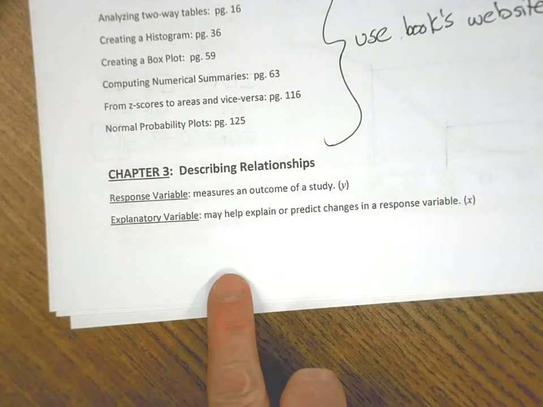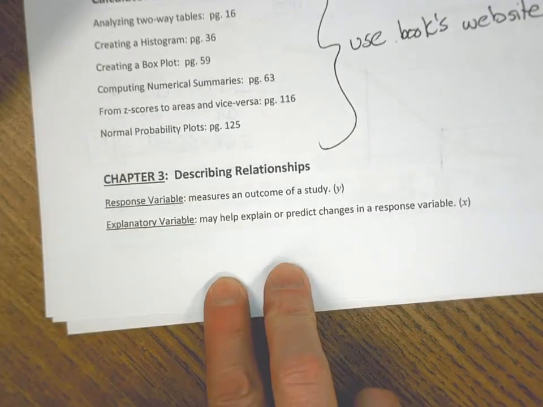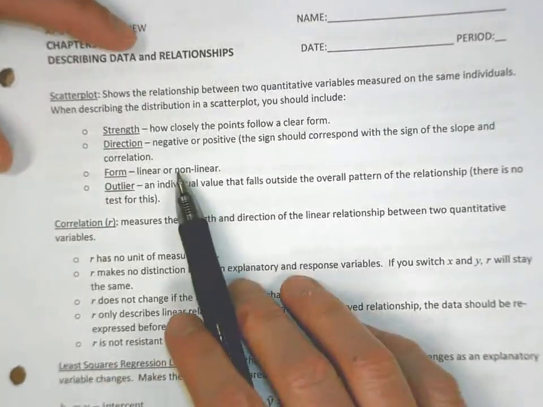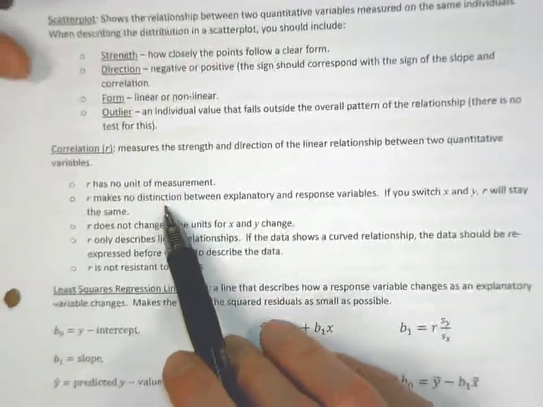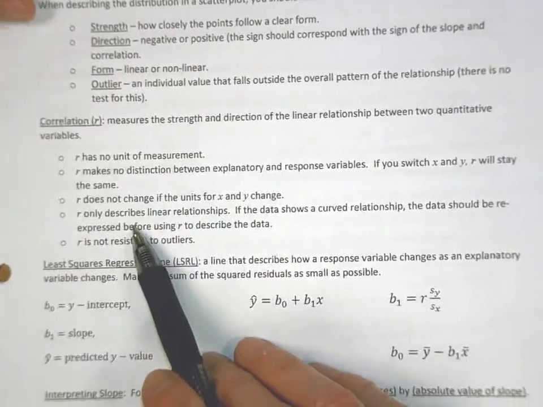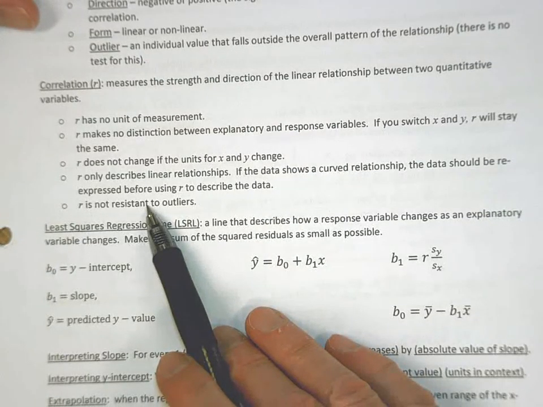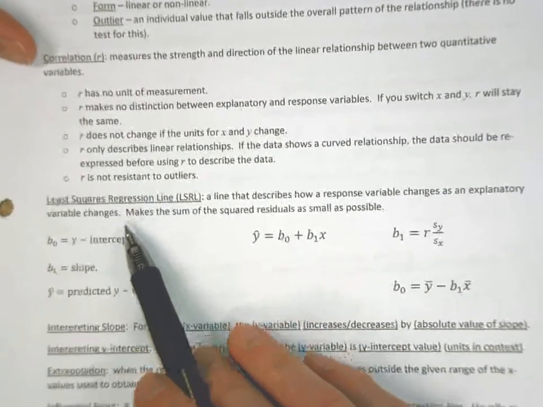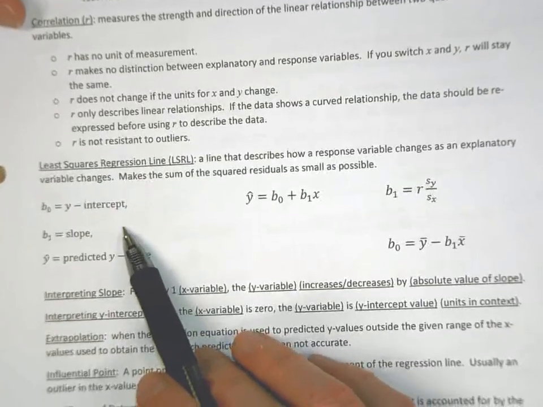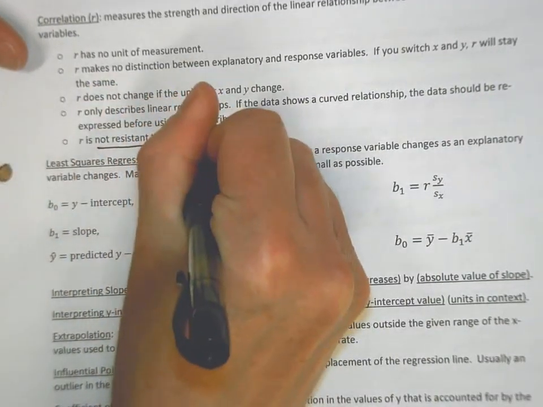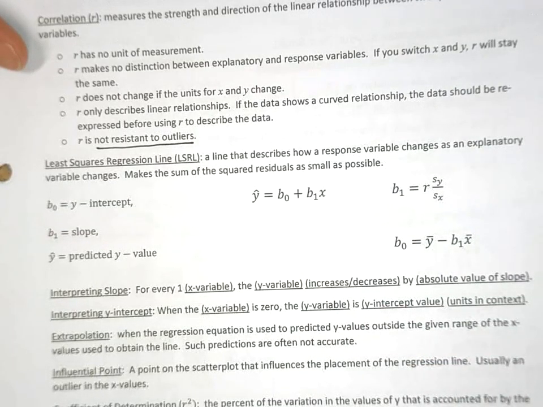And then we went into describing relationships in Chapter 3, which we've used recently with scatter plots. All the important parts when you're describing a scatter plot, your correlation, everything that they could possibly ask you about as far as multiple choice questions, what correlation is, how it doesn't have any units of measurement, how it's not resistant to outliers because it involves your standard deviation.